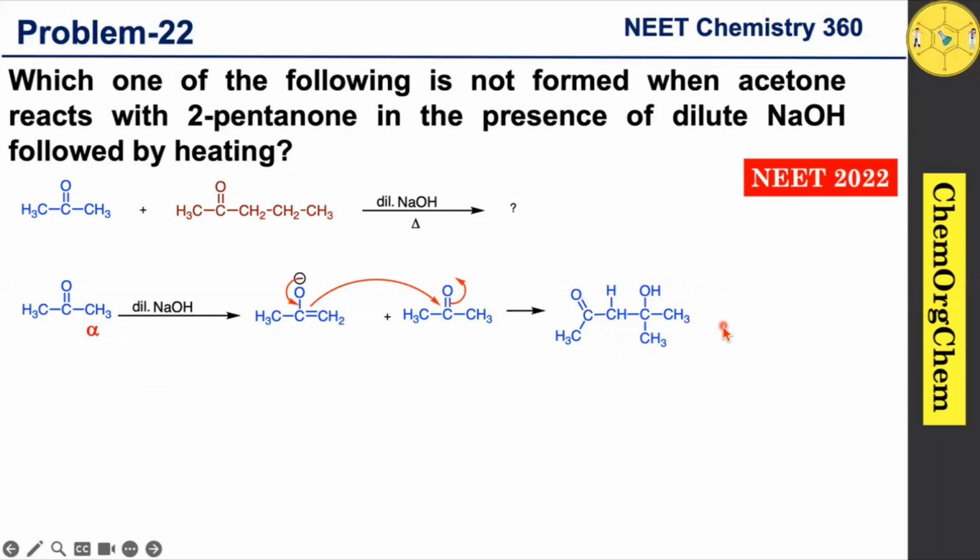When we heat this reaction, one water molecule is eliminated to produce this corresponding alpha beta unsaturated compound. Here you see 4-methyl pent-3-en-2-one. This is a 5 carbon chain. The second carbon has the ketone, the third carbon has the alkene, and the fourth carbon has the methyl group.